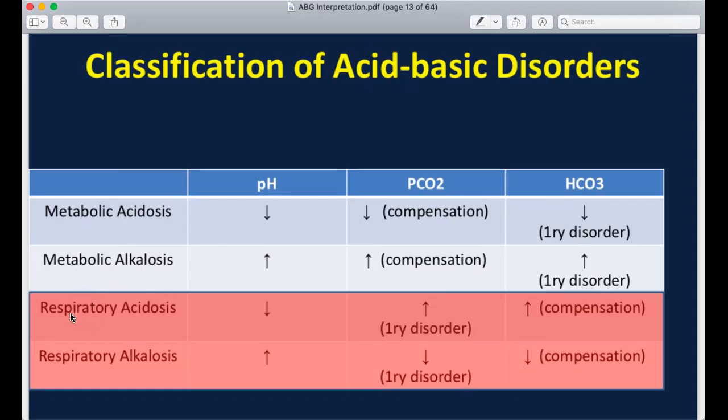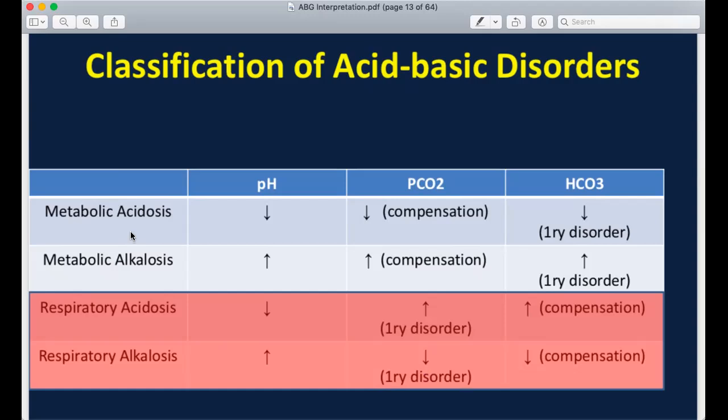But when we look at respiratory acidosis, it's always in the opposite direction. The partial carbon dioxide would be increasing and the pH would be decreasing. For respiratory alkalosis, the pH would be increasing and partial carbon dioxide would be decreasing. So in respiratory it's opposite, but in metabolic it's the same. You can remember one of them and use it as an alternative for the other.